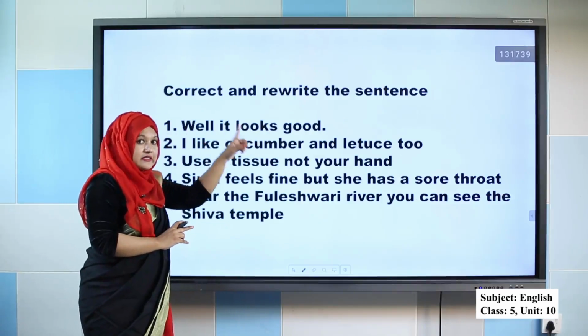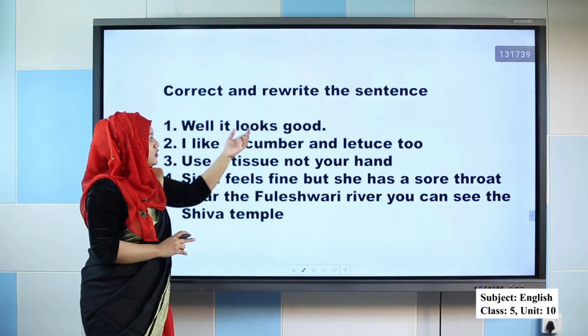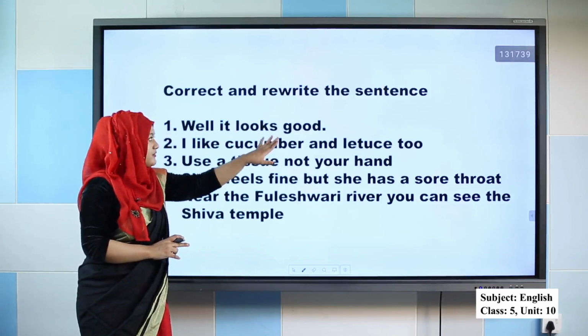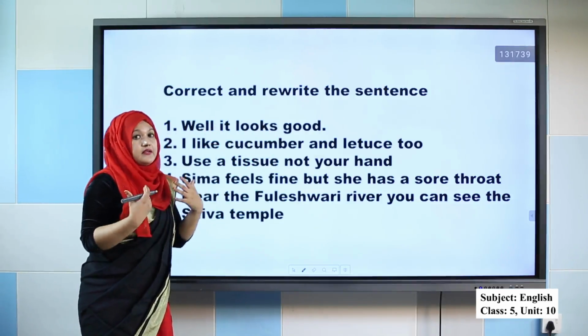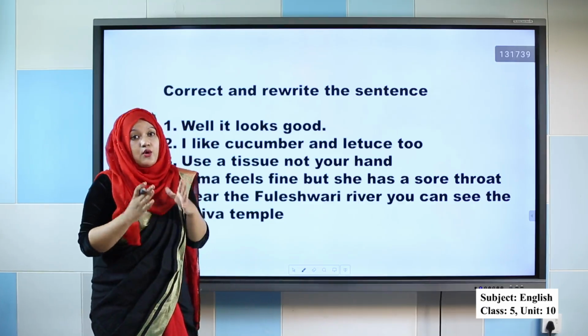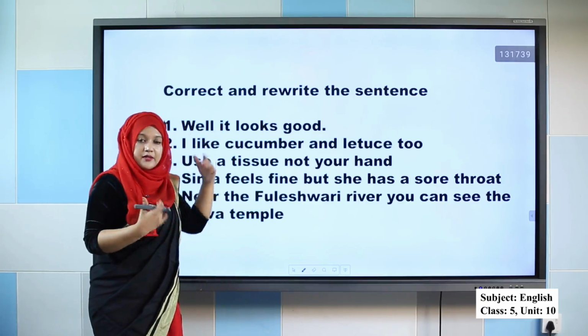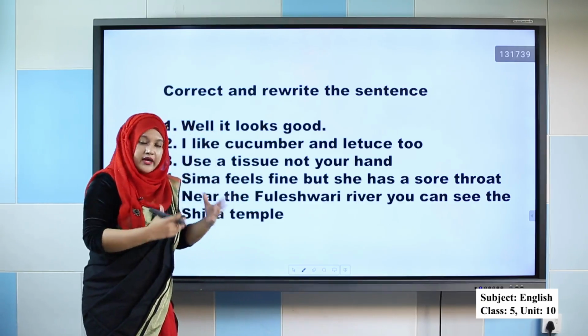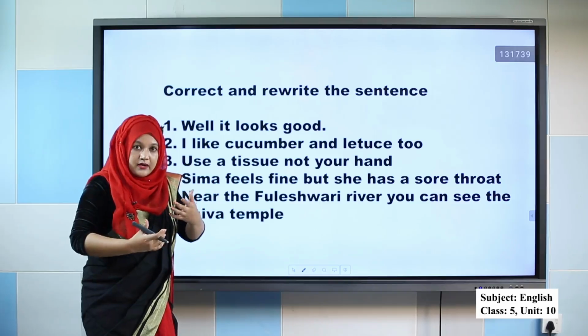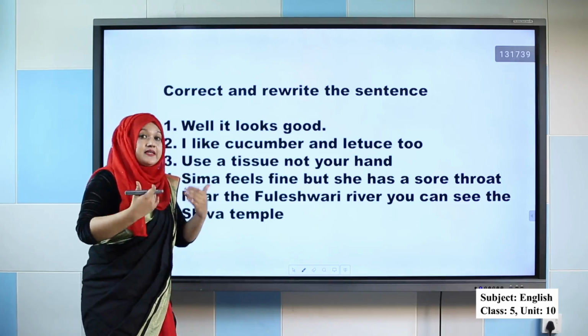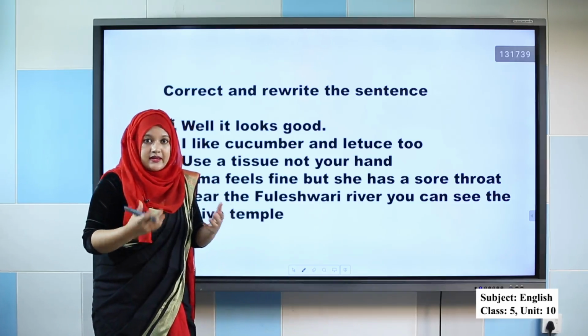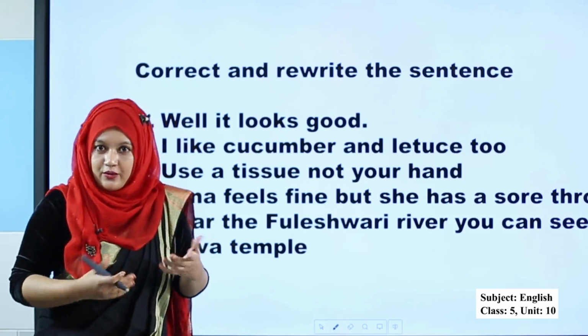Here the first sentence: Well it looks good. So in the first sentence we need to use a comma to separate the word well, isn't it? Because we just came to know where we use a comma. We use a comma to separate the word that introduces a sentence like hi, hello, isn't it?